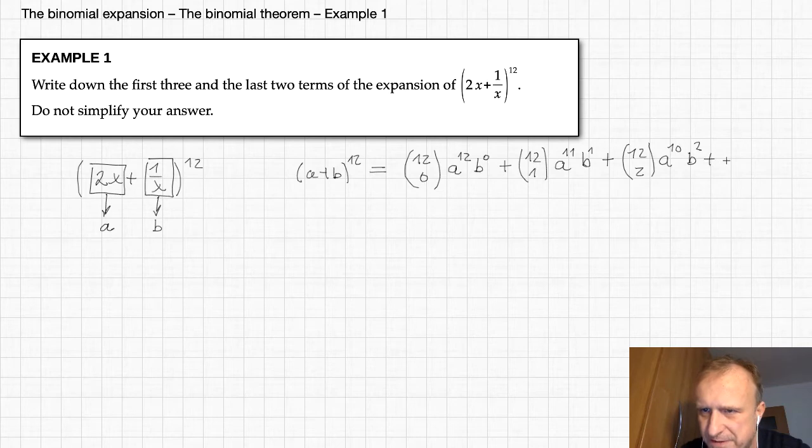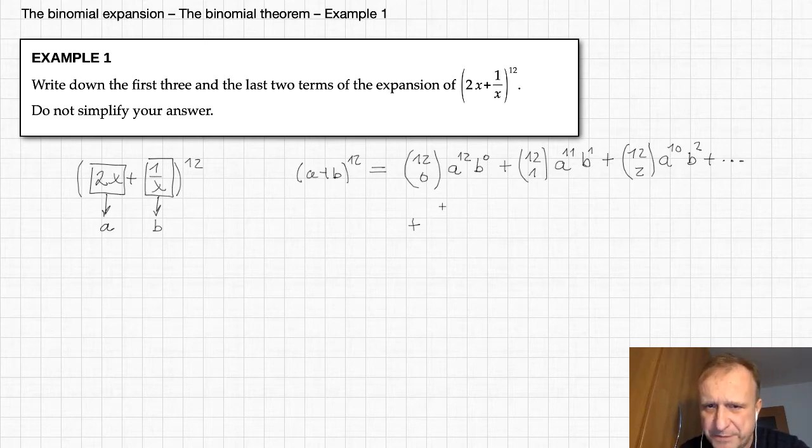Then plus, etc. Plus, and now we need the last two terms. Since there are altogether 13 terms, we need the 12th and the 13th.